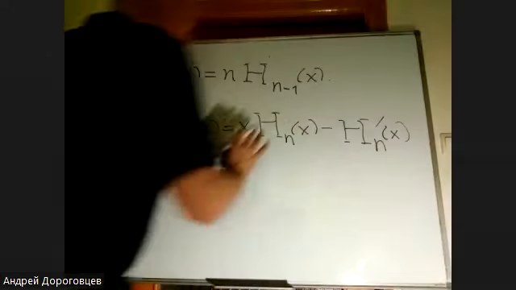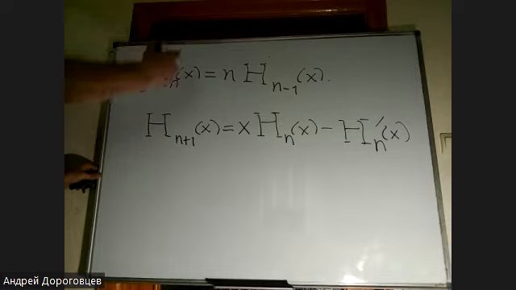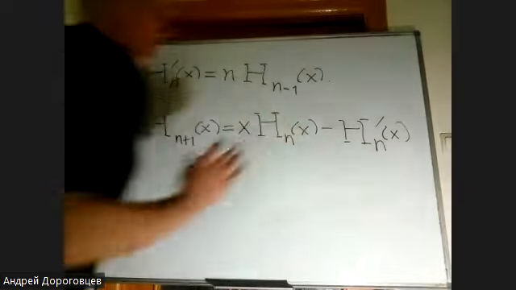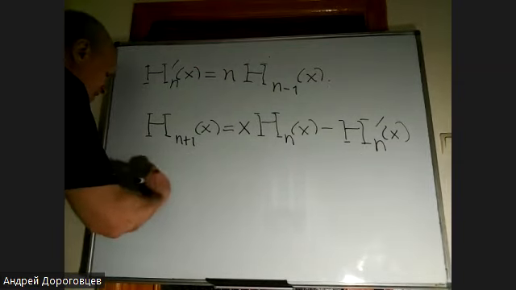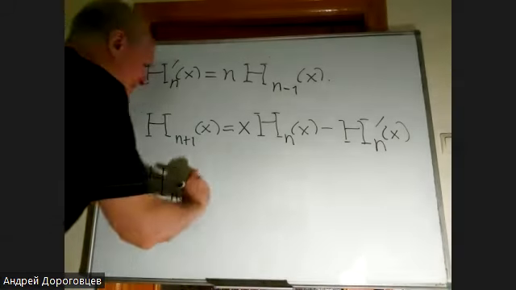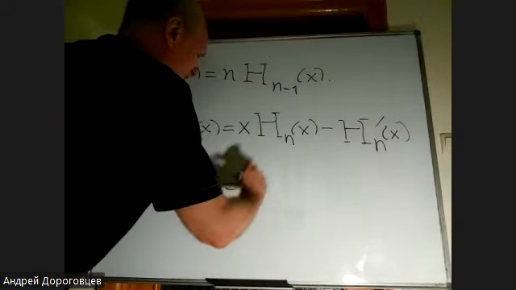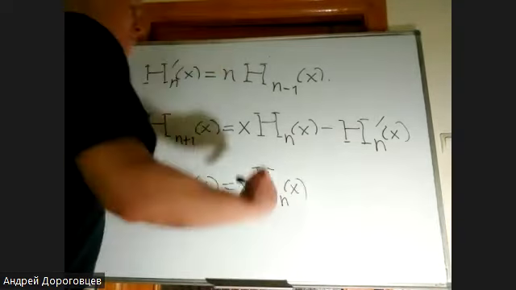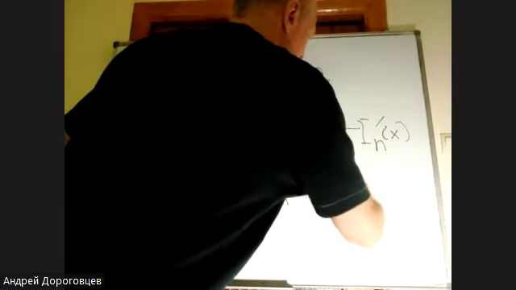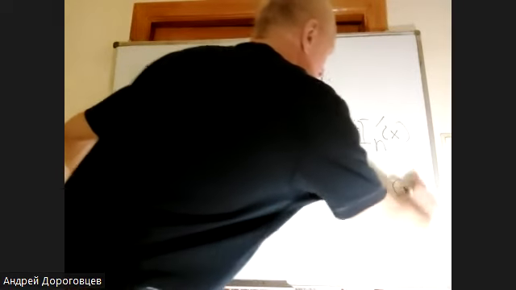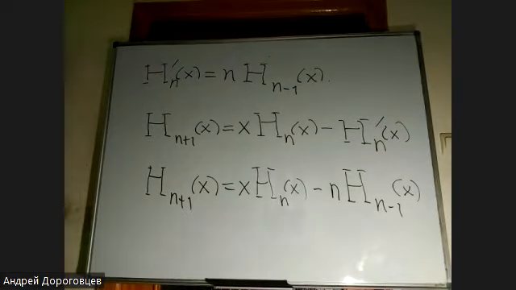This formula is also useful, but now we can finalize it by substituting this expression into this part. What will we get? H_{n+1}(x) must be equal to x H_n(x) minus n H_{n-1}(x). So we see here the recurrent expression for Hermite polynomials.